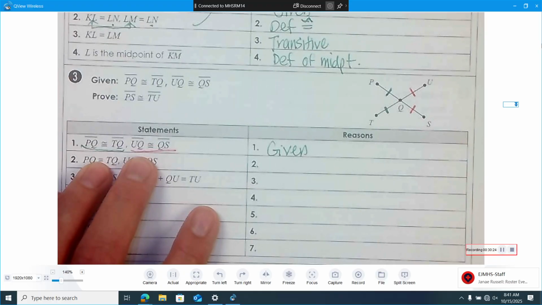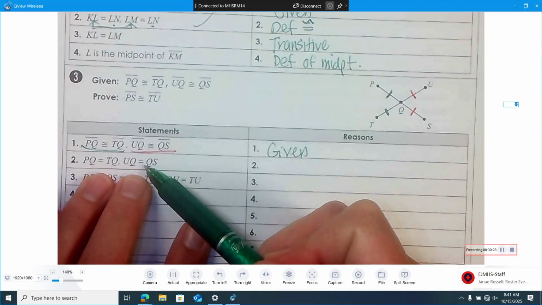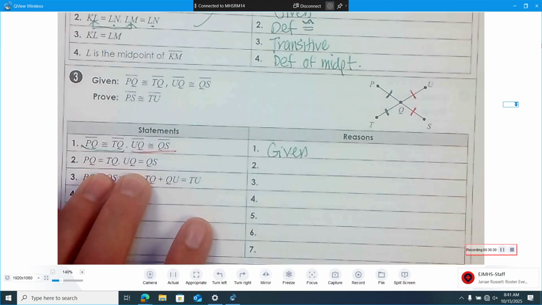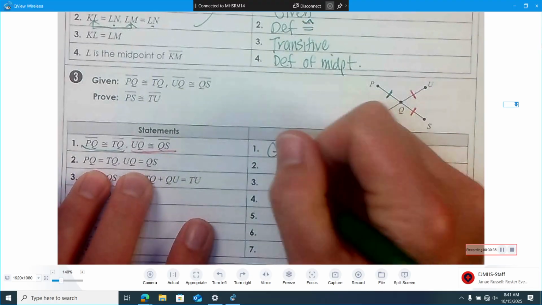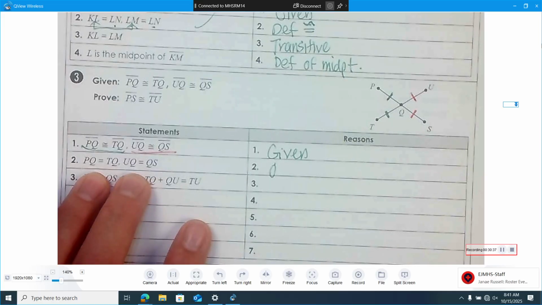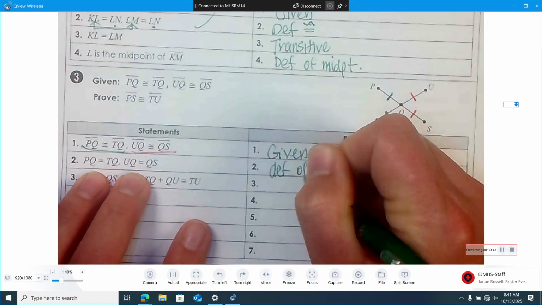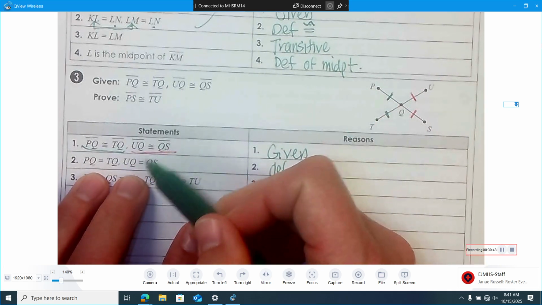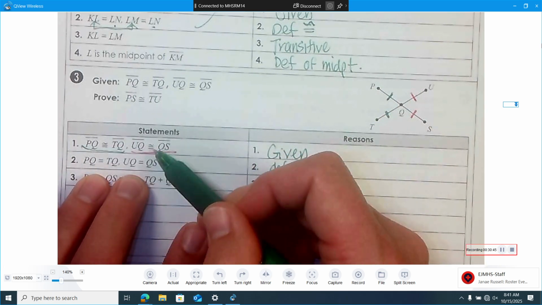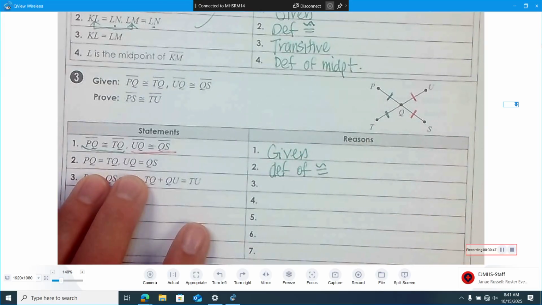Okay, all right, once again, what allows us to trade between congruence and equals? Definition of congruence. All we're doing is everything matches except we have congruence changed to equals. That's the only difference.